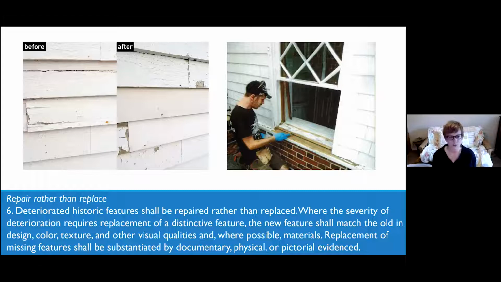Don't, because you have some boards that are deteriorated, decide that you need to reside the entire building. So look to see what can be repaired and what should be selectively replaced. And when you do have to replace, match. So see here, same thing with the siding, it's matching the adjacent siding.